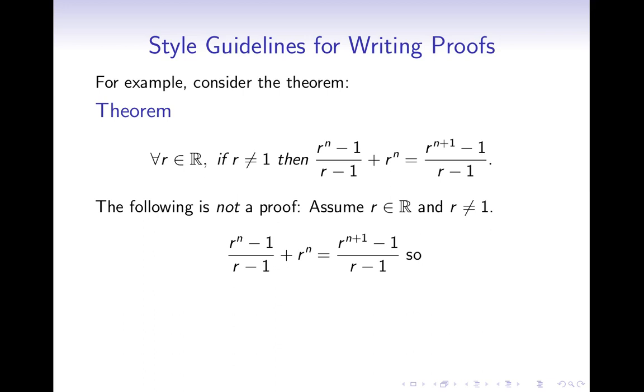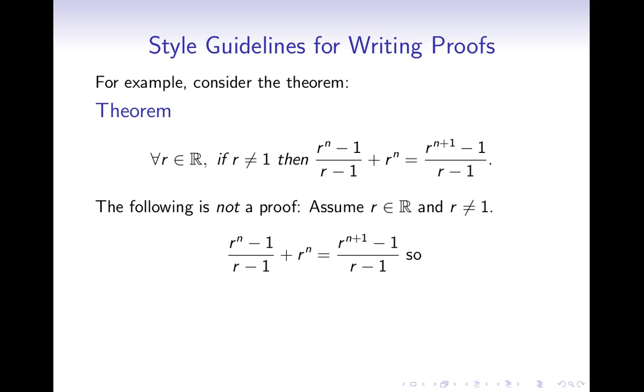Okay, and now looking at this equality, I've reproduced it here, and now I'm going to work with this equality. I'm going to begin by multiplying both sides by r minus 1. This is a typical algebraic thing to do.